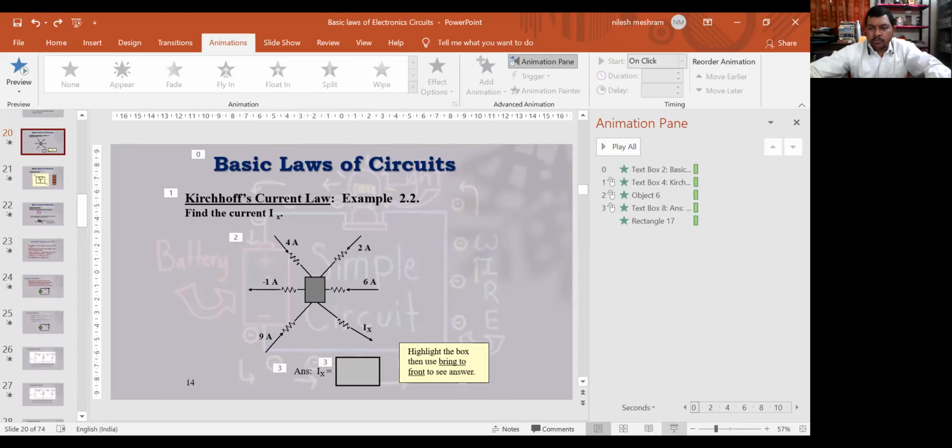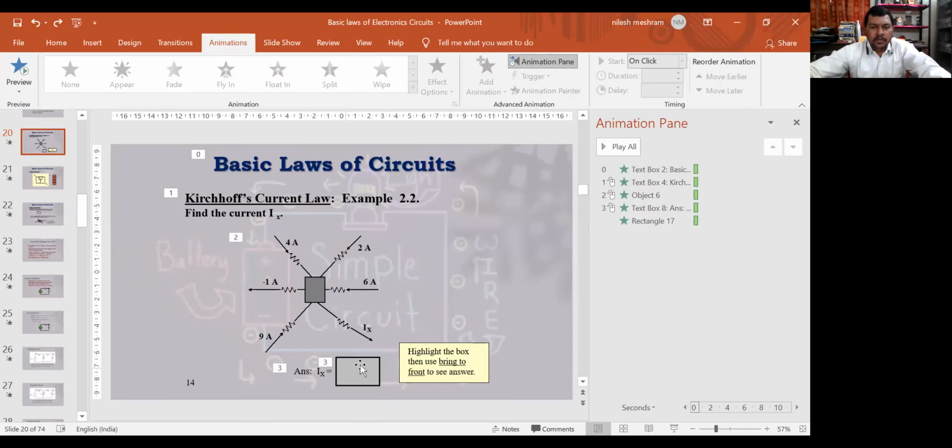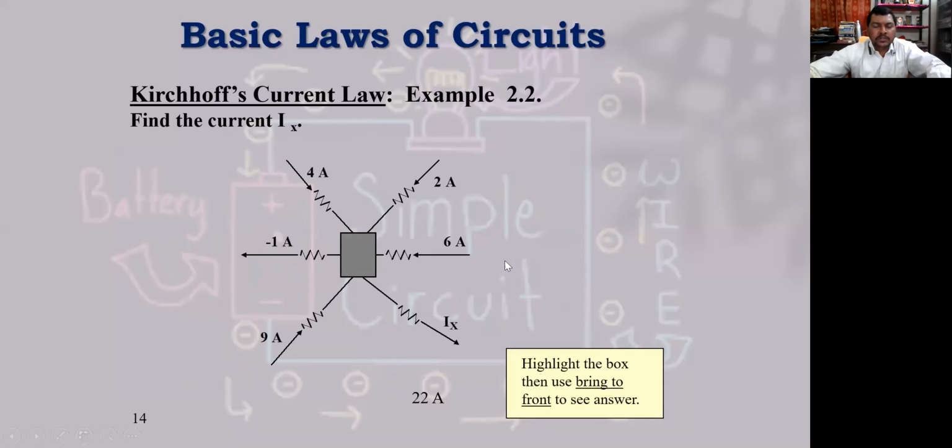Yeah. So this is one more example I need to show you. This is a node which is shown in a square, and these are some of the currents. 4 ampere is the current entering the junction. 2 ampere is the current coming to the junction. 6A is also coming to the junction.